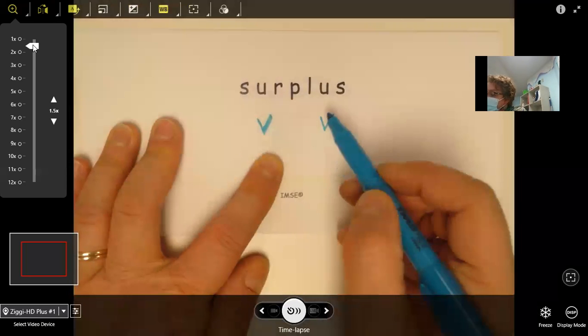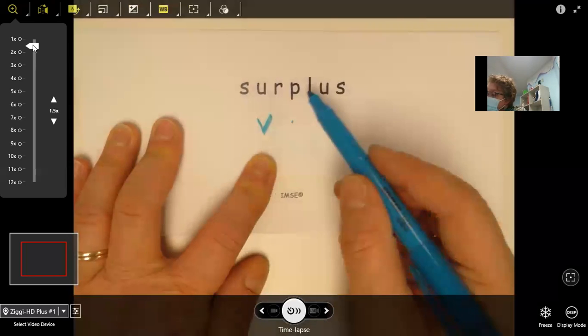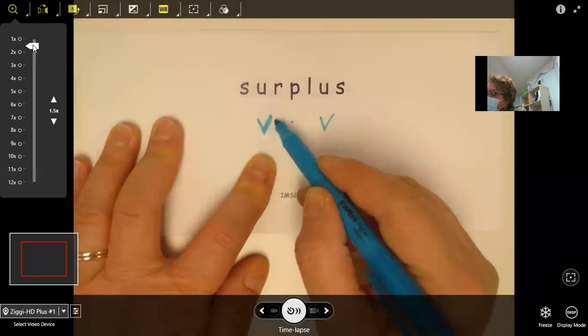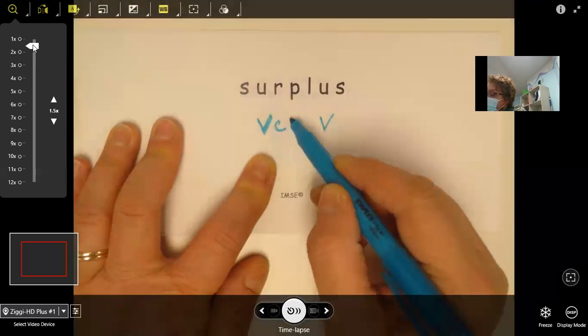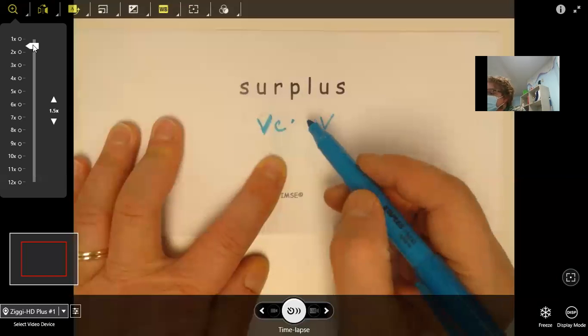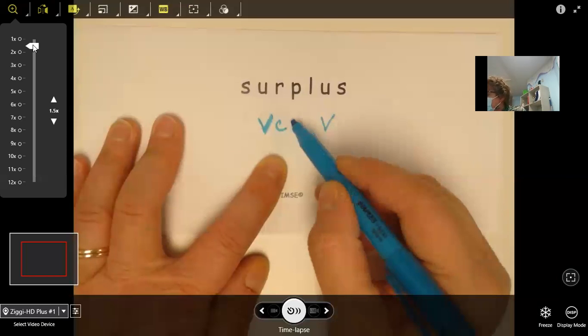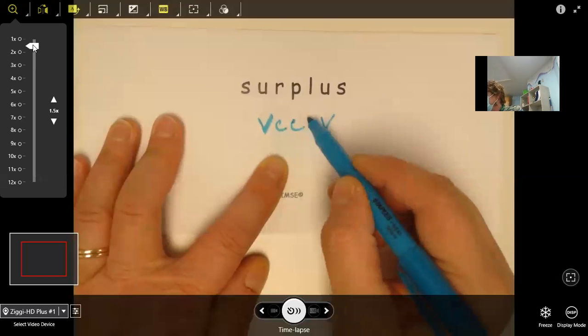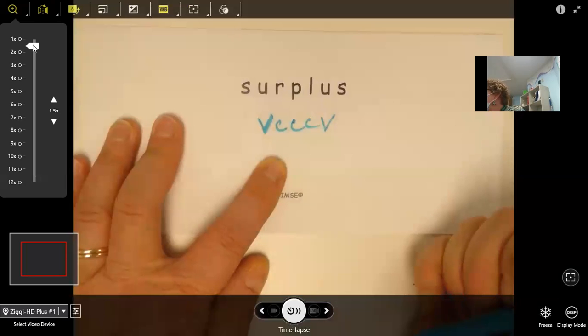So the R and P. Okay, what about that L involved? This one's tricky, isn't it? So we technically have three C's in there, don't we? But not really.